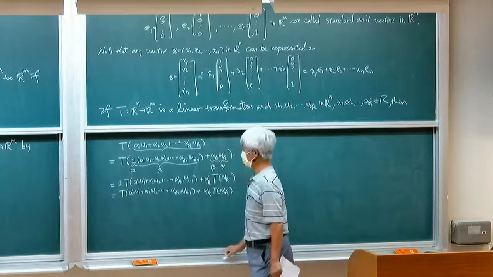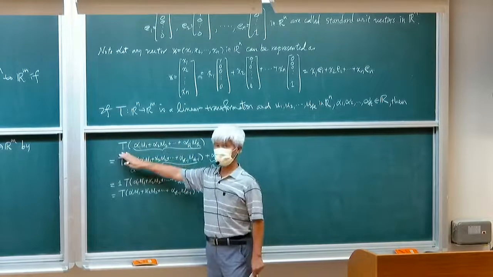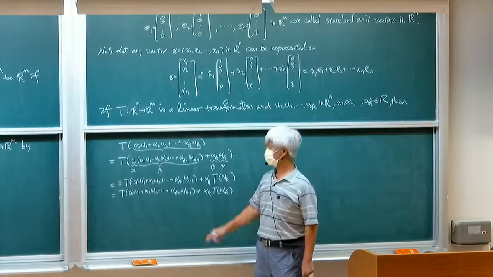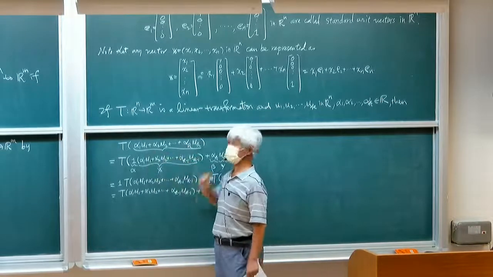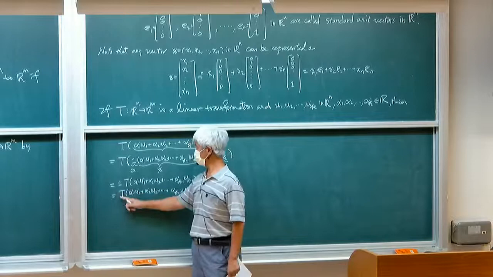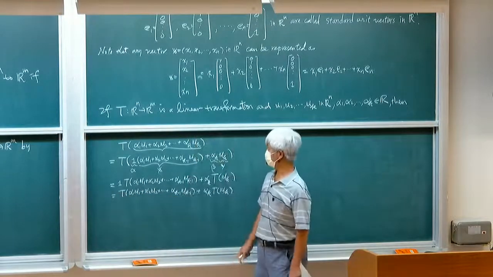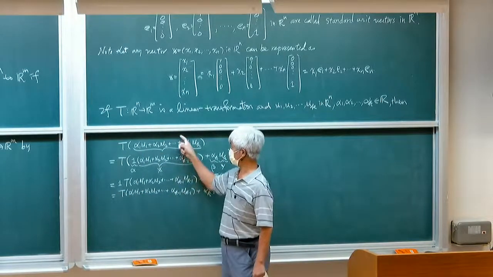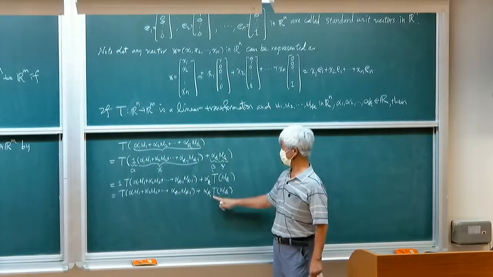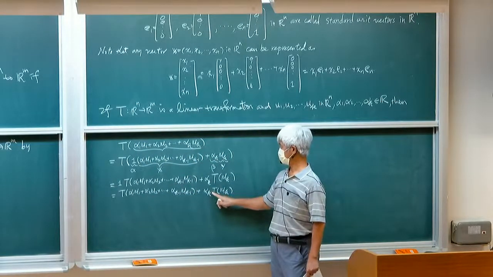So the transformation of this linear combination of k vectors is equal to the transformation of the linear combination of the first k minus 1 terms plus alpha k multiplied with the transformation of uk.